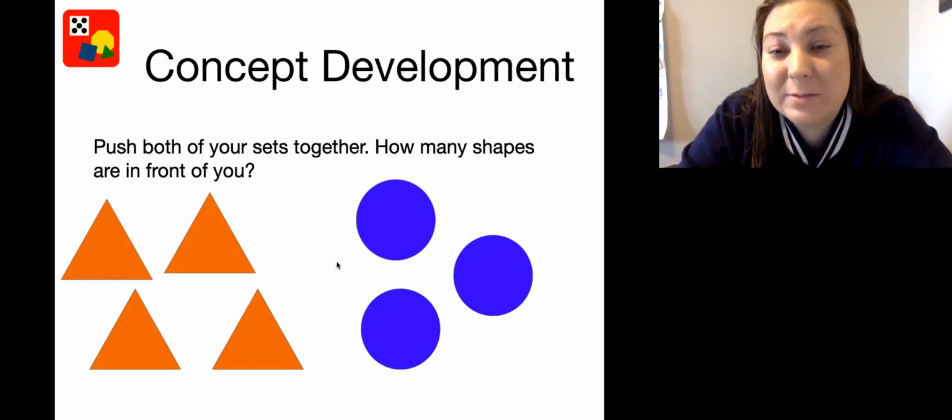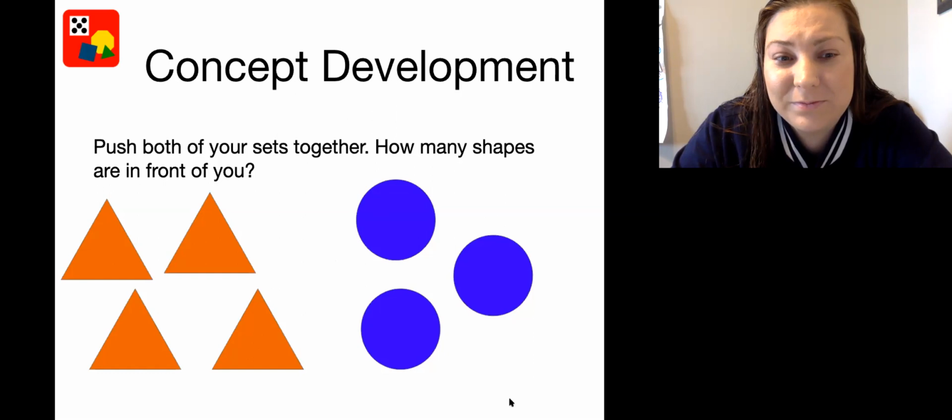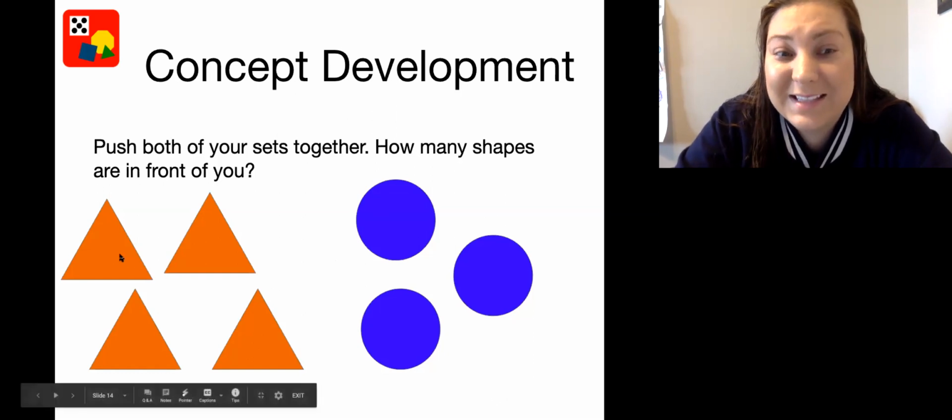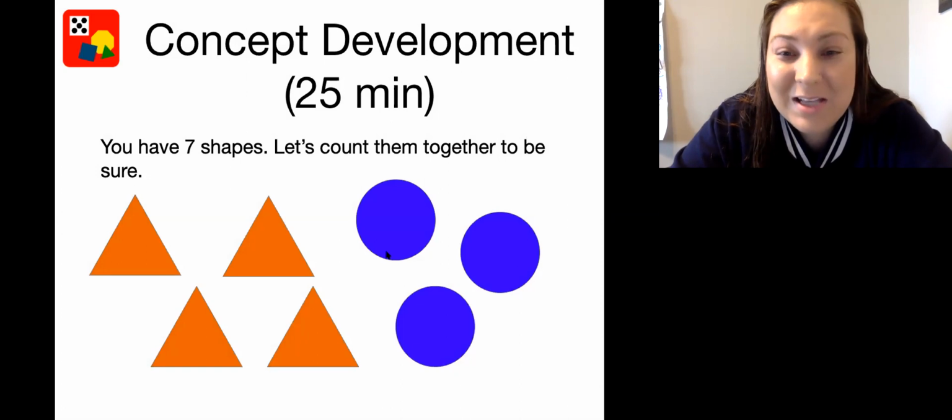Which shape is round and has no straight sides? The circle, very good. How many shapes do you have all together in front of you? Let's count. 1, 2, 3, 4, 5, 6, 7. Right, we're working with the number 7 today. So we have 7 shapes, scholars.